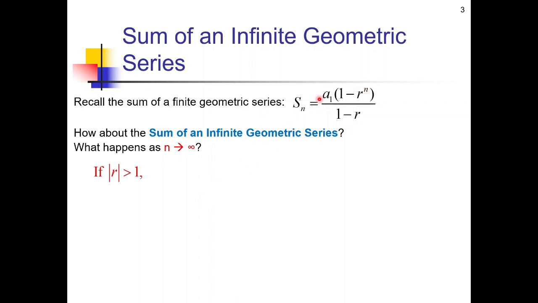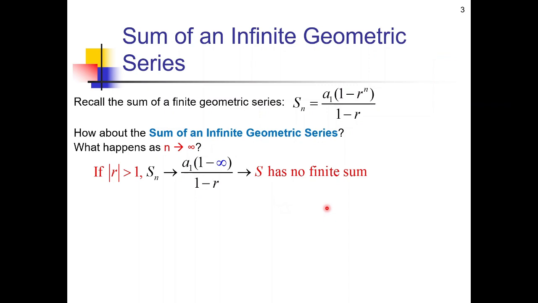So I could replace r to the n with basically infinity. If I essentially have infinity or negative infinity over some finite number down here, because r is just whatever it is, that's going to give me an infinite value, which is just a fancy way of saying that our series will have no finite sum.